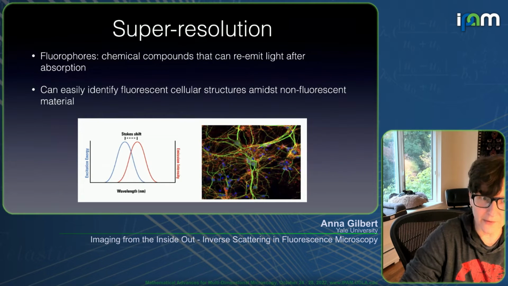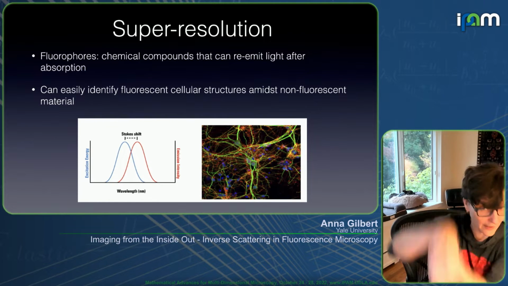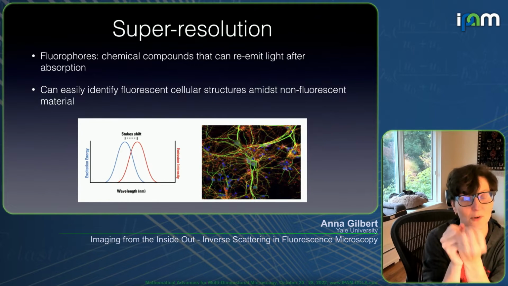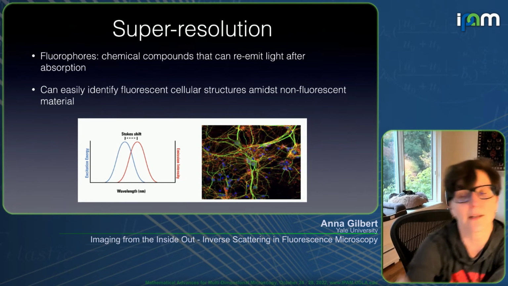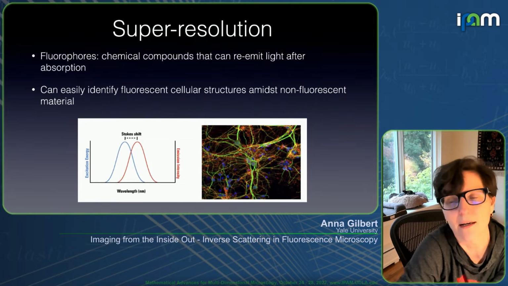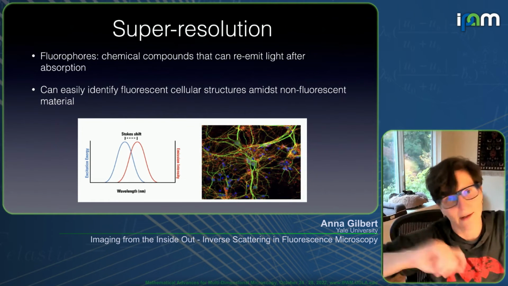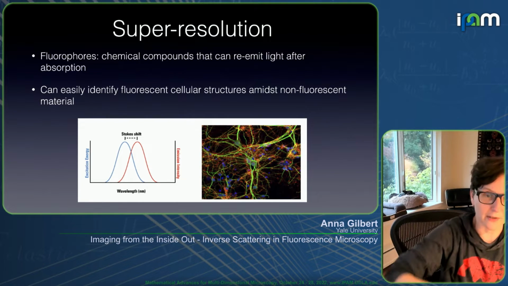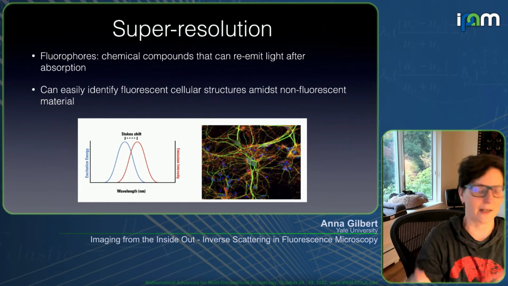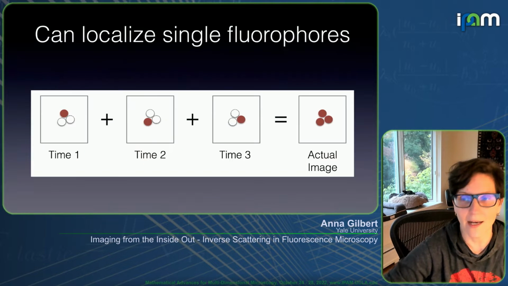And fluorophores are chemical compounds that if you hit them with light, they will re-emit light after absorbing what you've hit them with. And if you stick them on various cellular structures and get them to light up, then you can easily identify what is lit up amidst what is not.